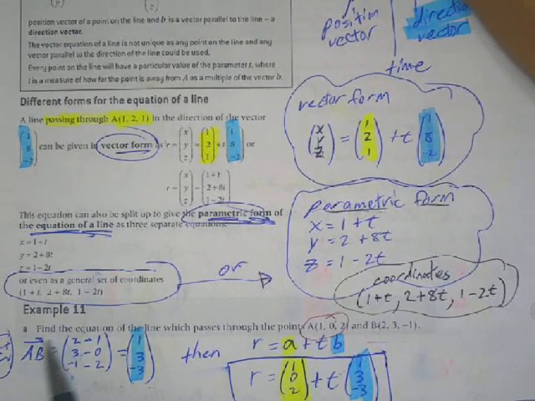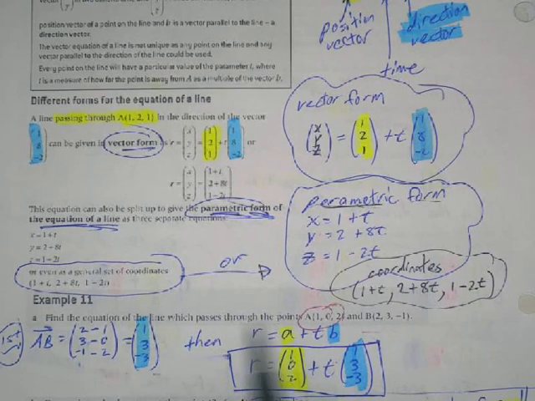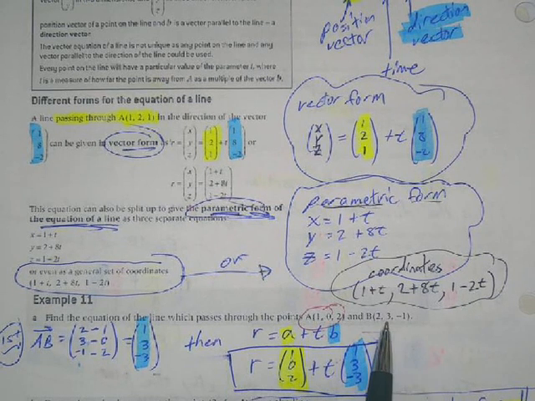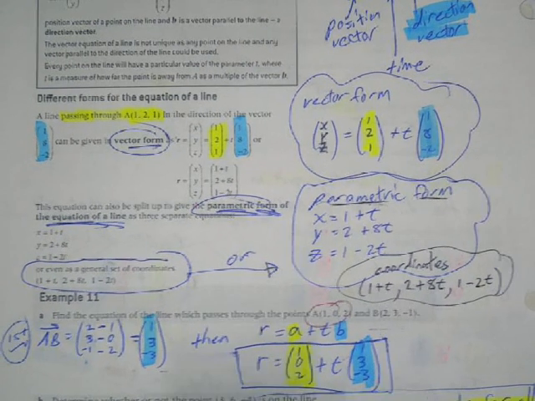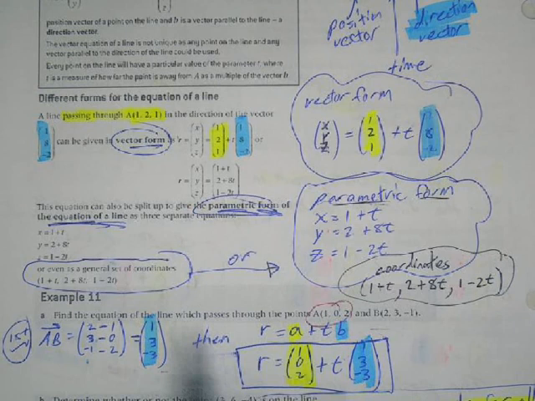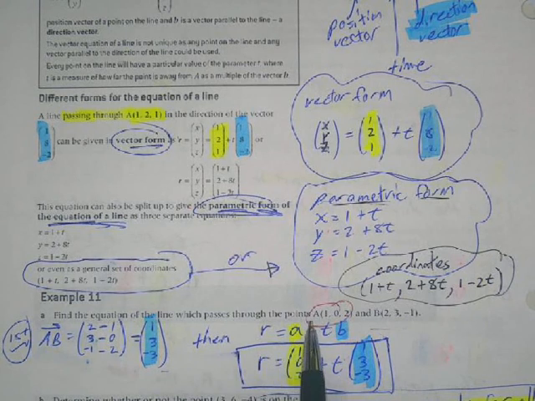So let's look at example 11. Find the equation of the line that passes through this point and this point. The first thing I need to do is figure out the direction. To figure out the direction vector, I found vector AB, because if the line passes through these two points, I can find direction vector AB.